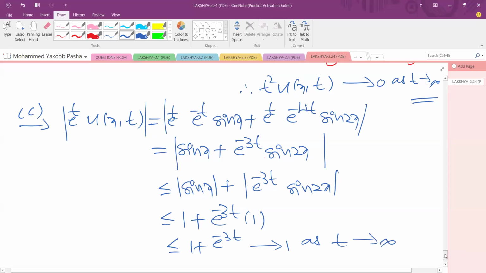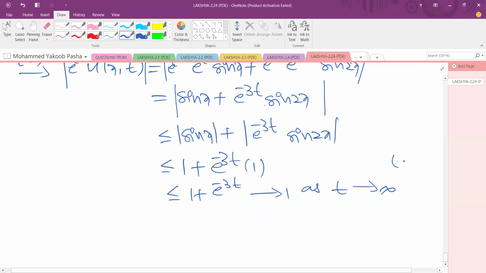Why did we take t tends to infinity? Because t is greater than 0, so t lies between 0 and infinity. Whenever t approaches infinity, this value approaches 1. So the modulus of e power t into u of x comma t is less than or equal to some constant.